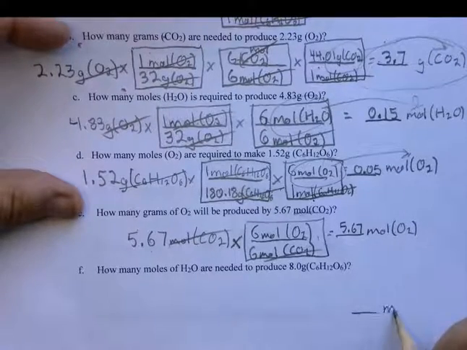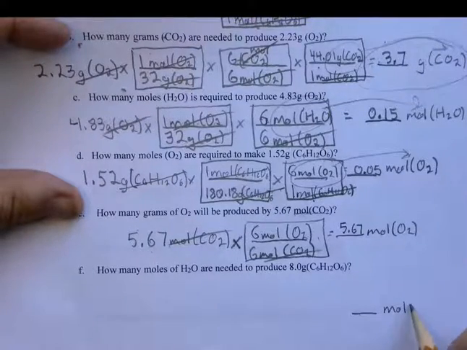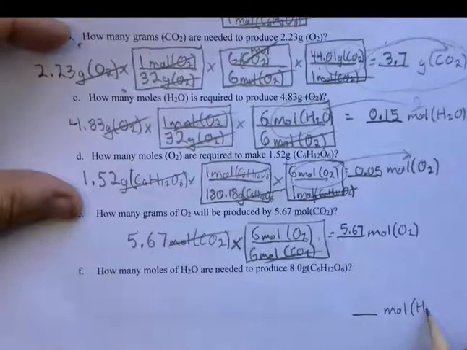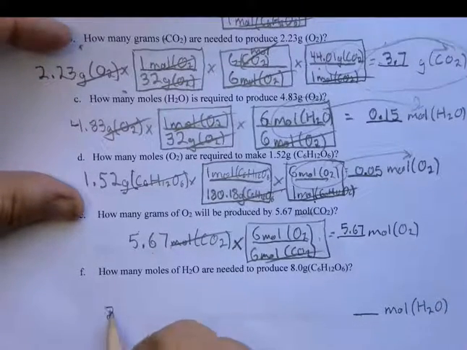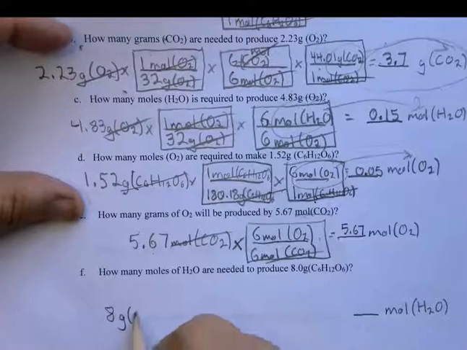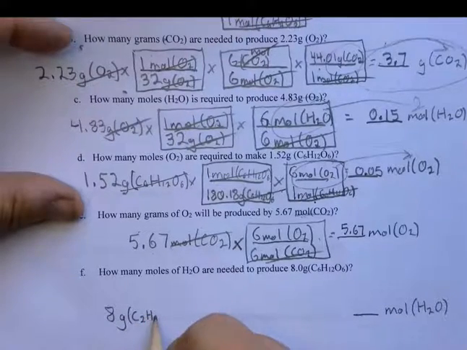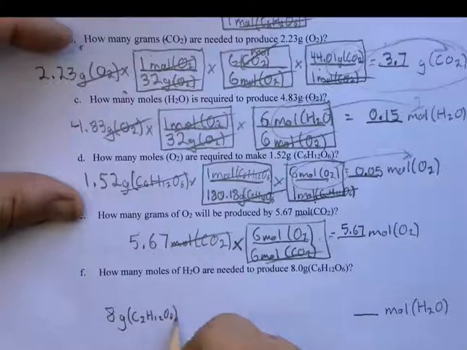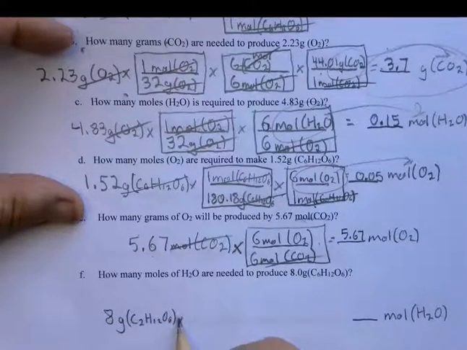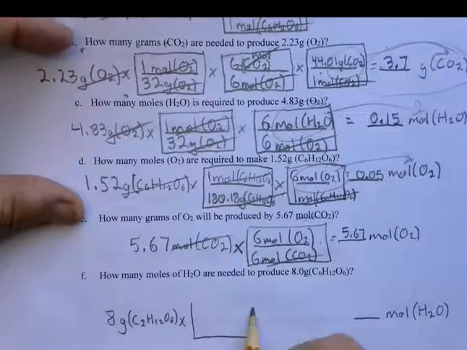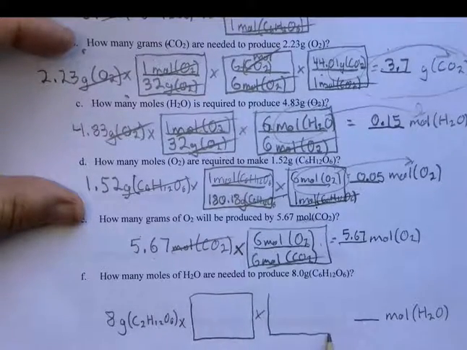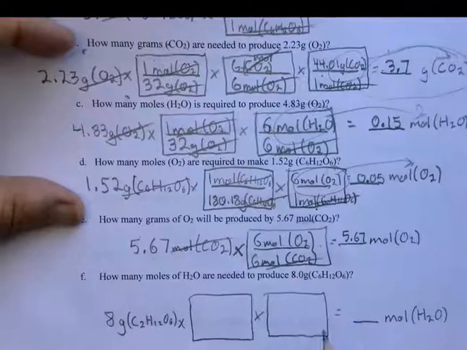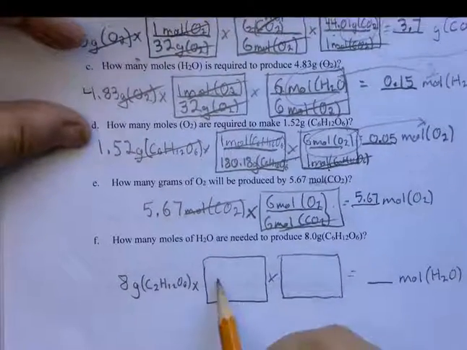So it's moles of H2O. And way over here, it's 8 grams of glucose. And it's going to be 2 conversions. We had to go through 2 different places there. So it's 2 conversions equals, okay.